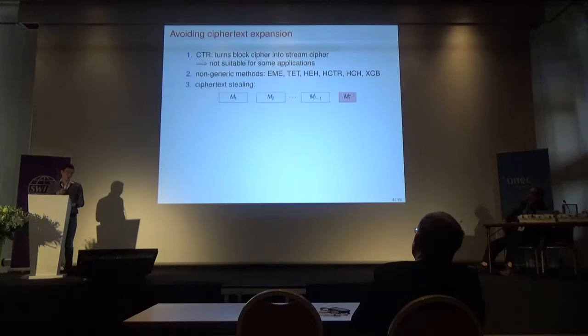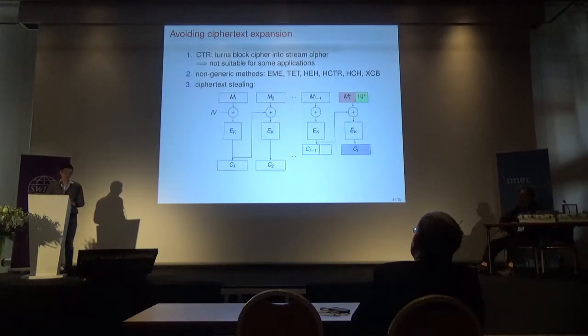We can also use ciphertext stealing, and let's again explain it with the CBC mode. We have a bit string, for example, 200 bits. We pad it, use the CBC mode, then we truncate the ciphertext block C_{L-1} to the same length as the incomplete block.